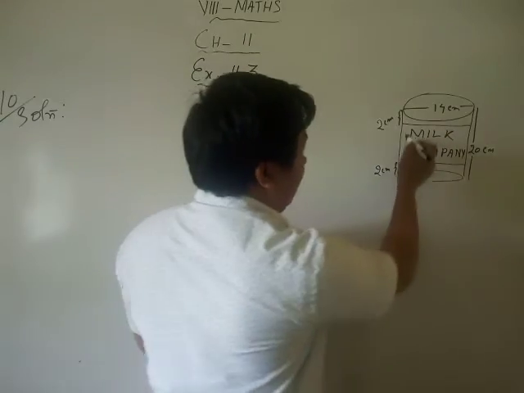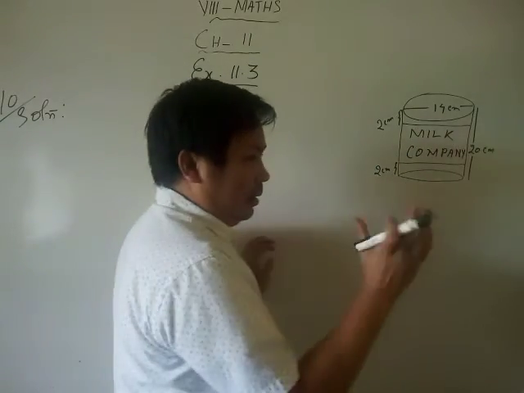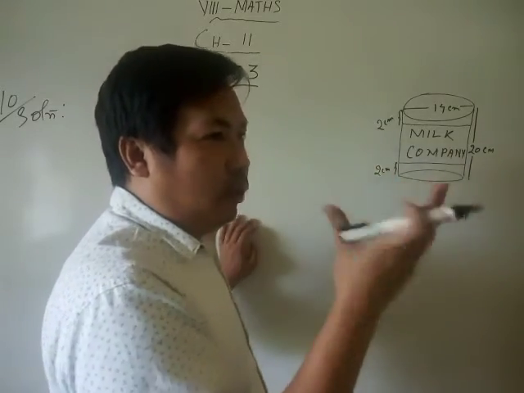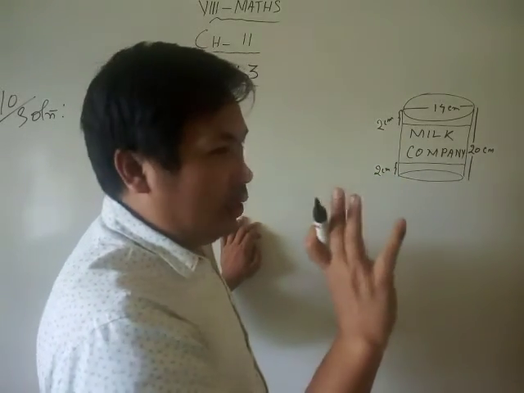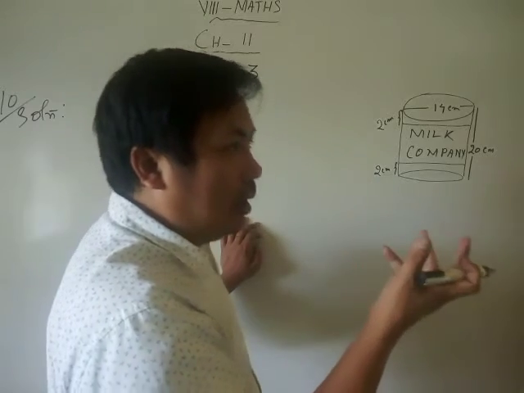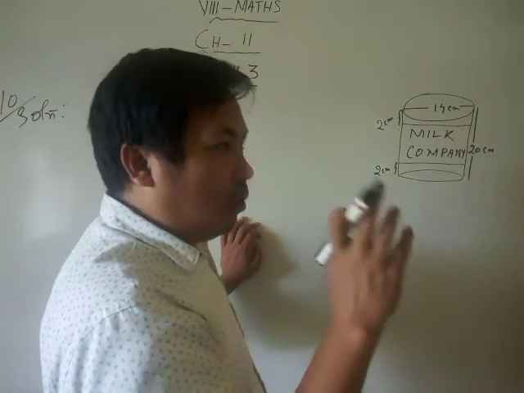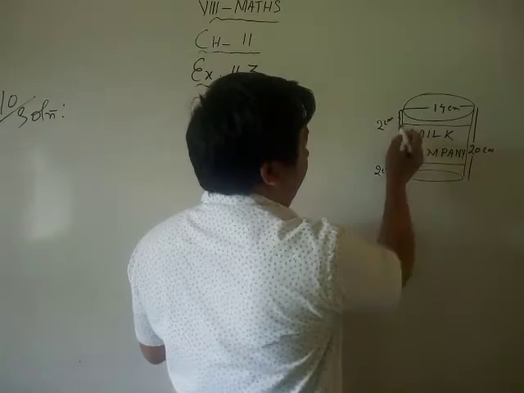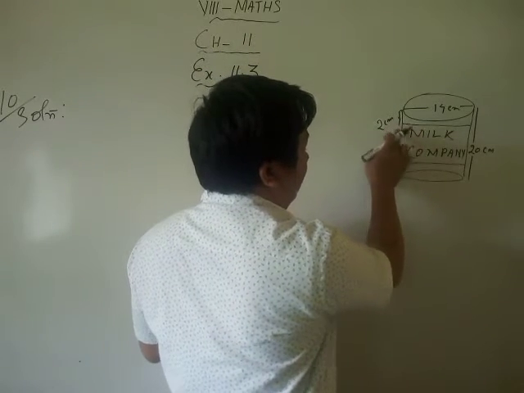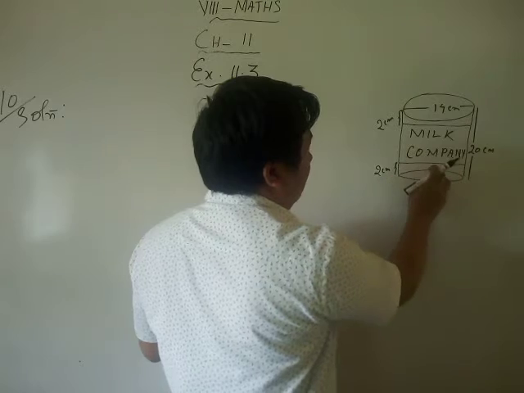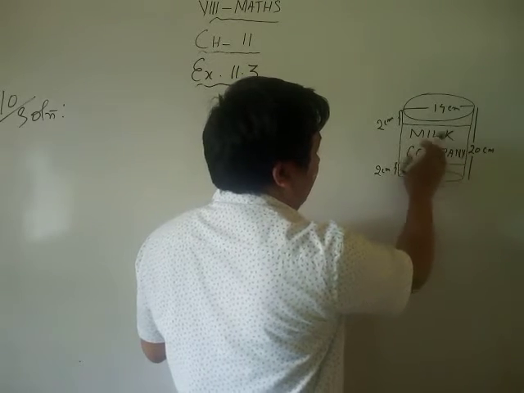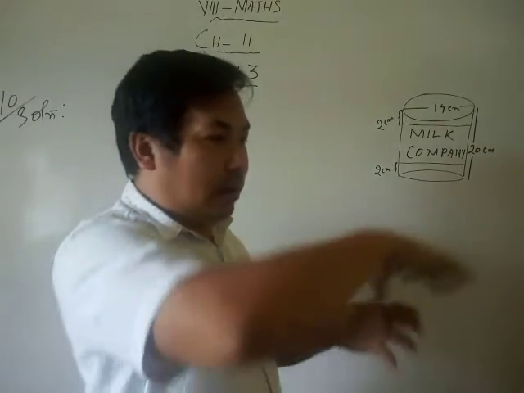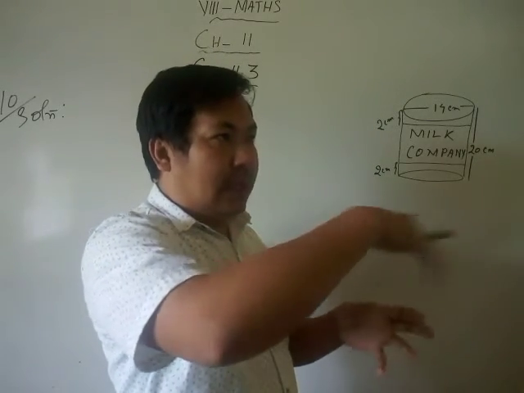So what happened? They put the label on the lateral surface, the lateral part of the body of the can. They cover it with the label in such a way that from the top it will be 2 centimeter, and from the bottom also 2 centimeter of the can, and they start putting the label around the lateral part of the can.